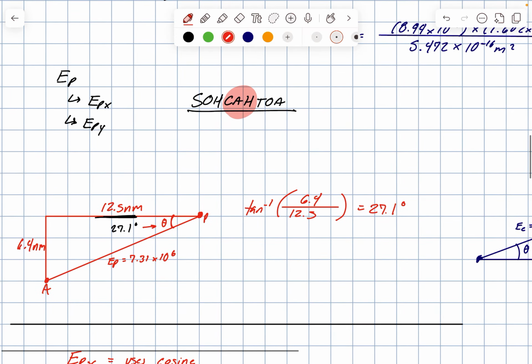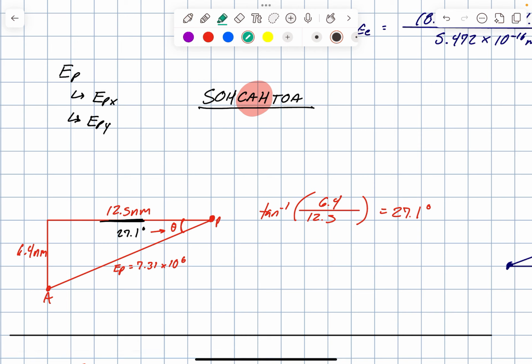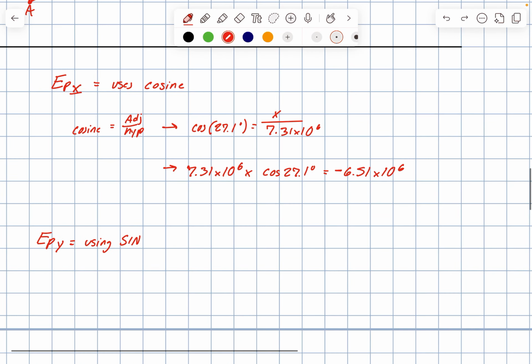And again, that's just because if we look at our trig properties up here, we're looking for our y component, which is opposite of where our angle is. So that's why we're using sine for this case. Sine is equal to opposite over hypotenuse.